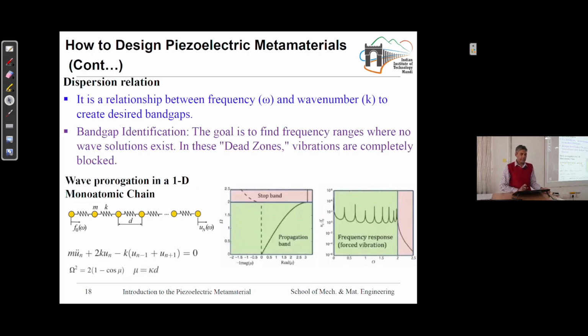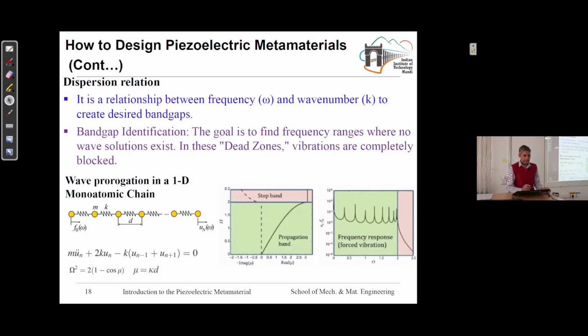Now the dispersion relations. As I mentioned, the dispersion relation is the relationship between frequency and wave number. We should have a detailed idea about this relation, that is, what frequencies are stopped because of the periodicity, and what frequencies we want to stop again with the help of resonance, for example with the help of piezoelectric material.